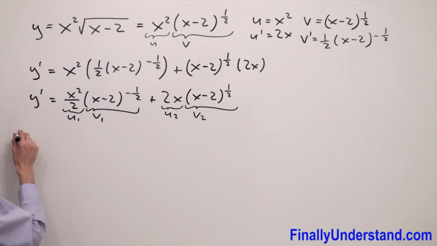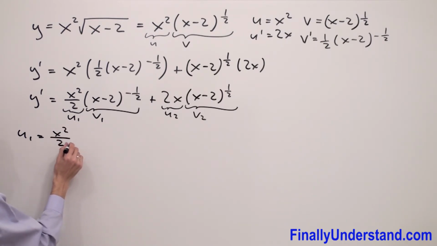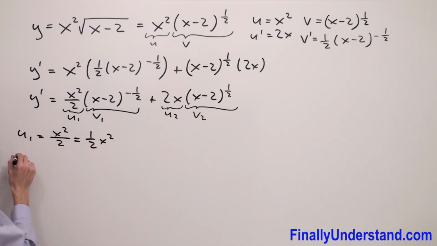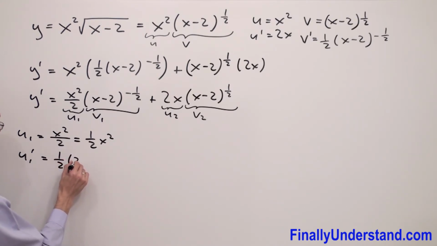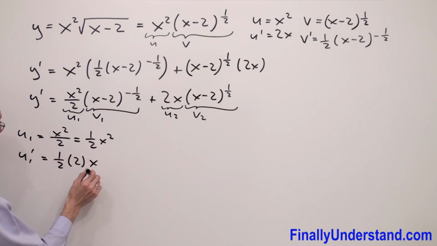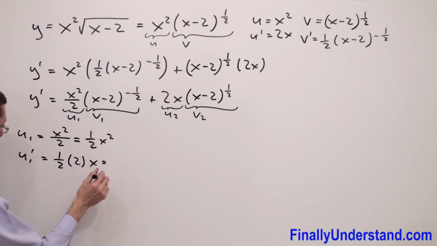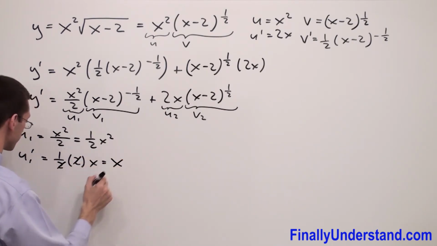So we have u1 is equal to x squared over 2. In other words, this is 1/2 x squared, right? So I have u1 prime, the derivative of u1, is equal to 1/2 times the exponent 2, x, and 2 minus 1 is 1, that's why I'm not going to write it. 2 and 2 cancel out, simply x.